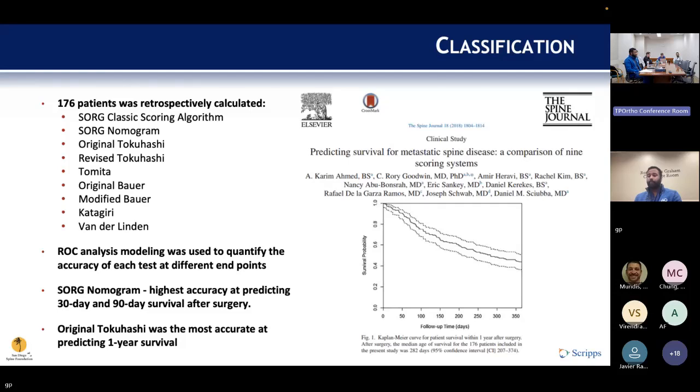And so it's a good paper to have as a reference because they go into the accuracy of all these different scoring systems. But they also give you a suggestion based upon what kind of cancer the patient has, which scoring system would be most beneficial to you to help assist the patient.